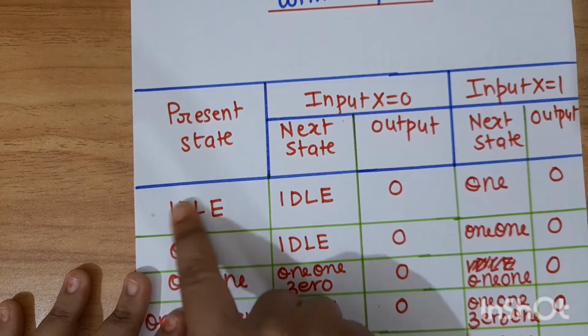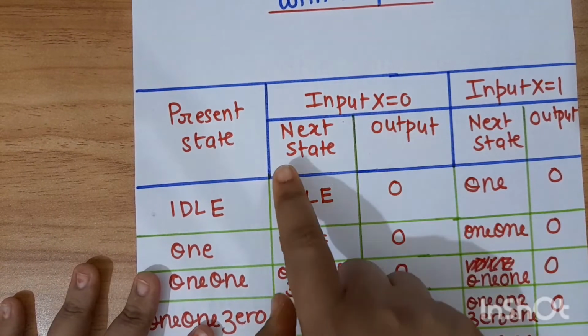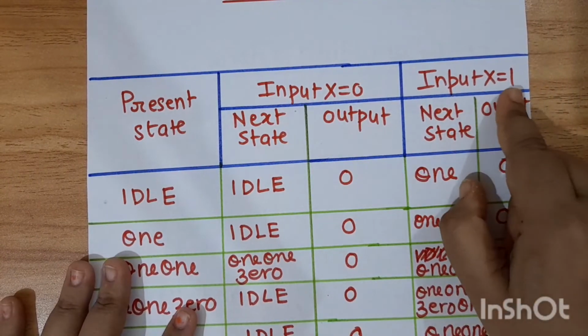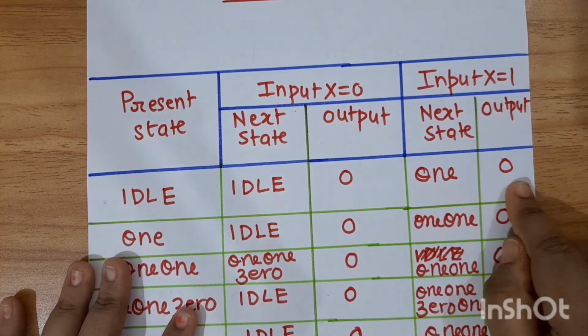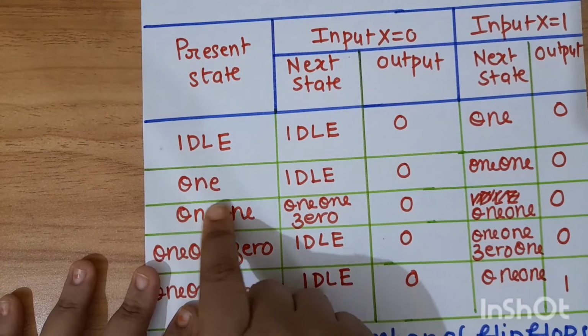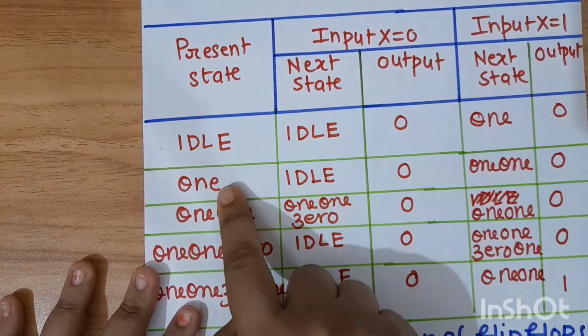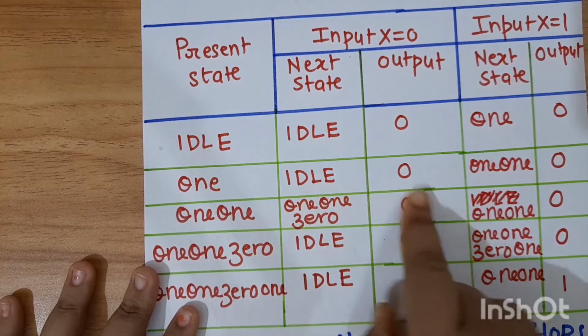When the present state is idle and input x is 0, next state is idle only and output is 0. If the input is 1, then the next state is 1 and output is 0. Now present state is 1. If the input is 0, then next state is idle and output is 0.